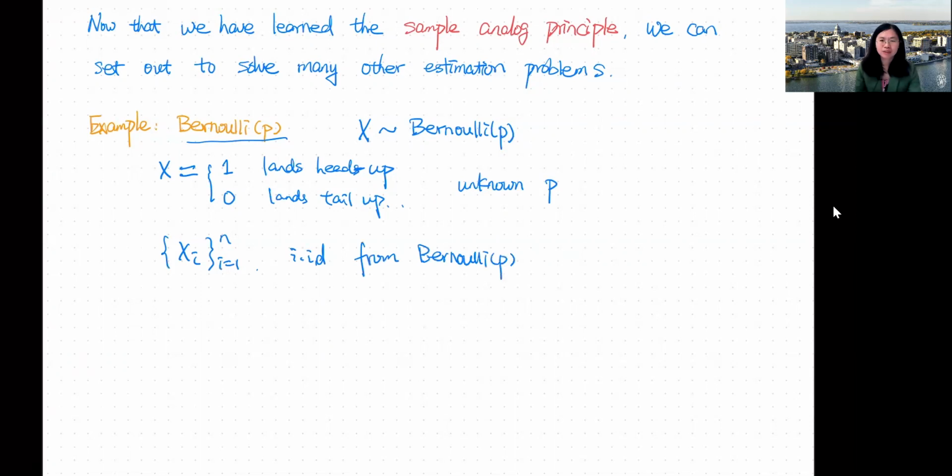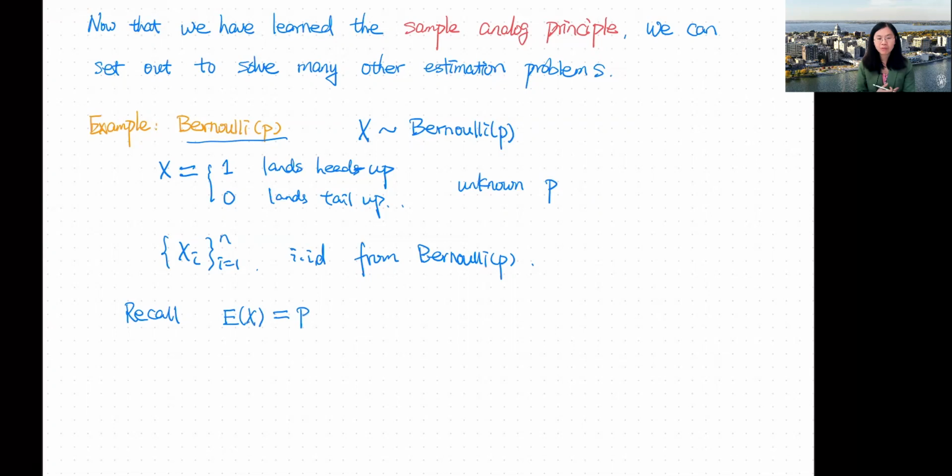Now with your data set, how are you going to estimate p? Well, we need to recall that for the Bernoulli distribution, the expected value of X equals the success rate. That is something that we calculated for the Bernoulli distribution.